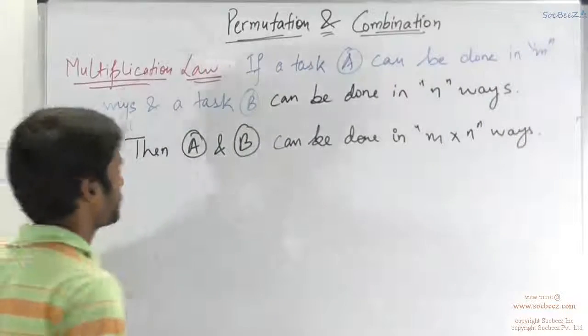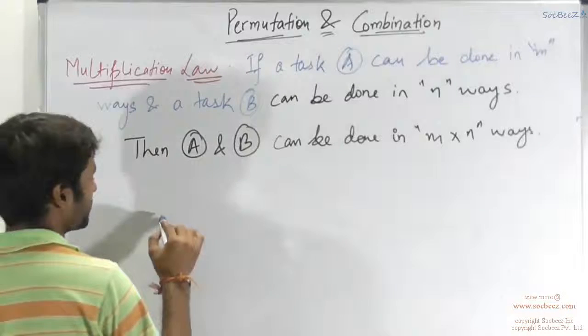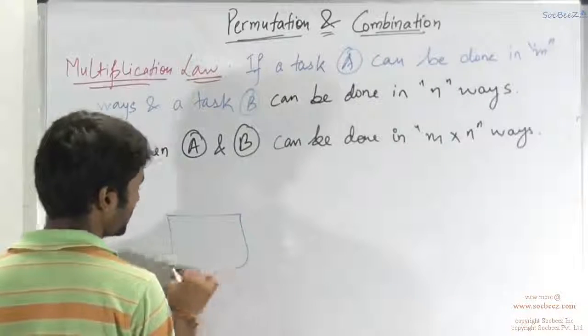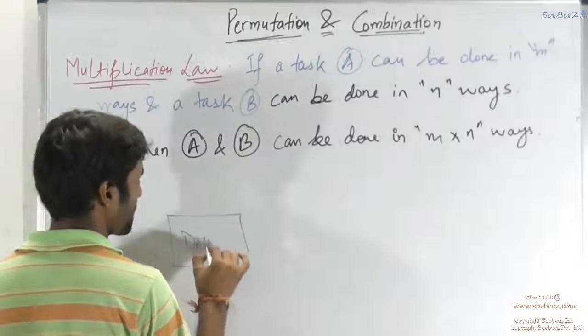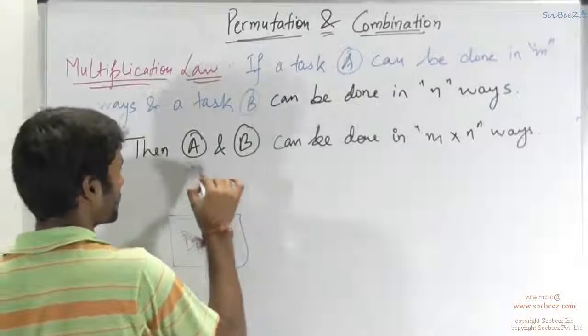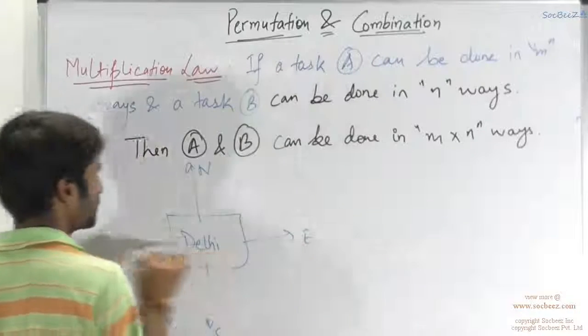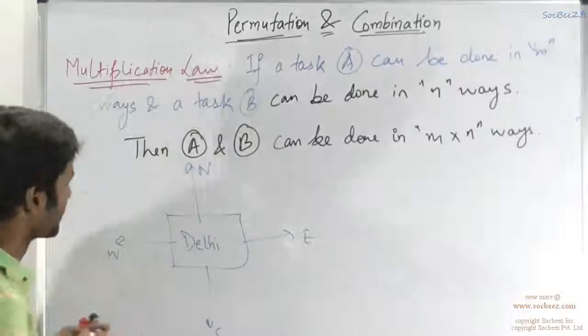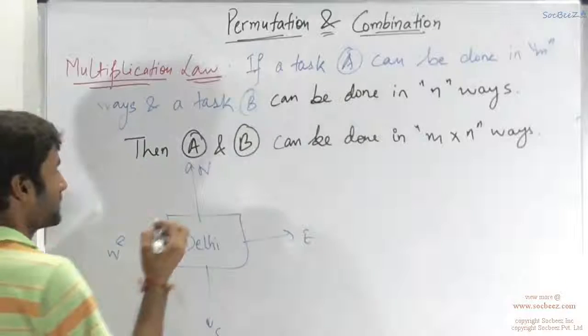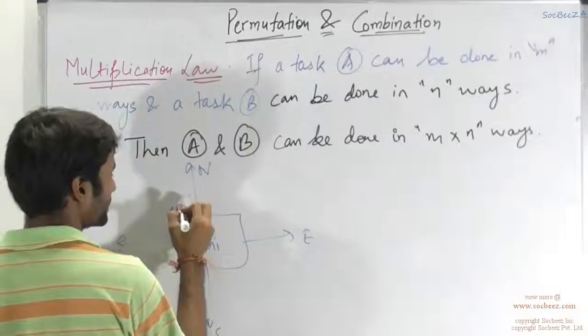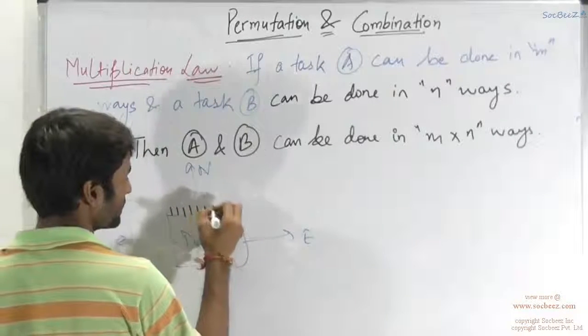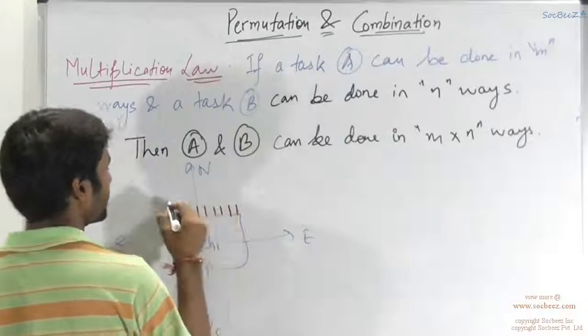If I take the same example, this was the city Delhi, and this was north direction, this was south direction, this is east direction, this is west direction. Let us have the same, that is 10 gates, 1, 2, 3, 4, 5, 6, 7, 8, 9, 10.